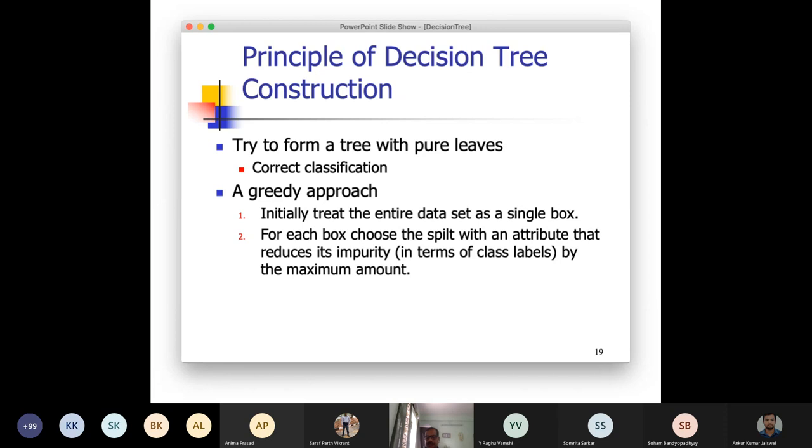That attribute should be chosen which will reduce the impurity, because your box is impure, as you have all sorts of labels of training examples initially. But if you can ensure that your partitions have some uniformity, then in one partition, or in both partitions, the impurity can be less.